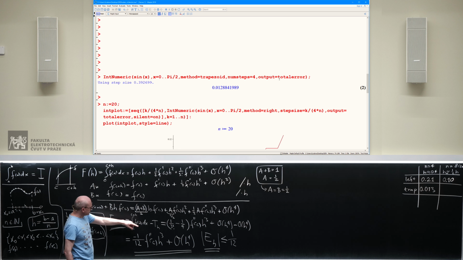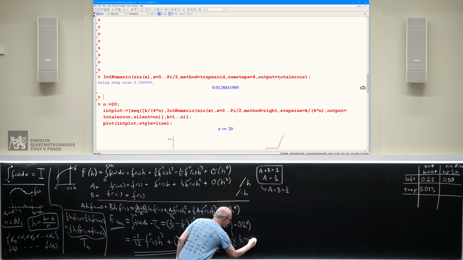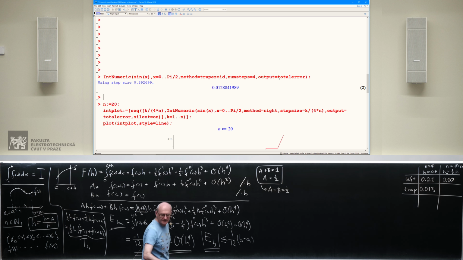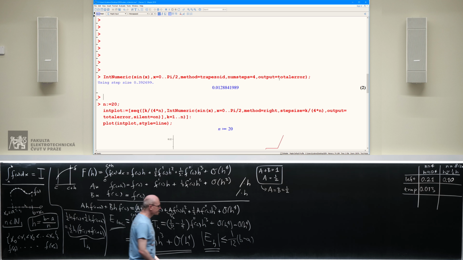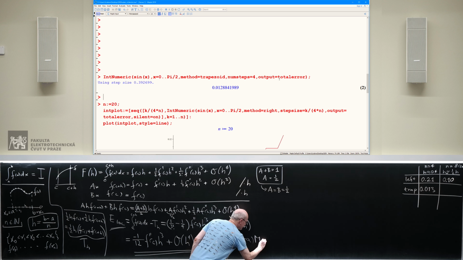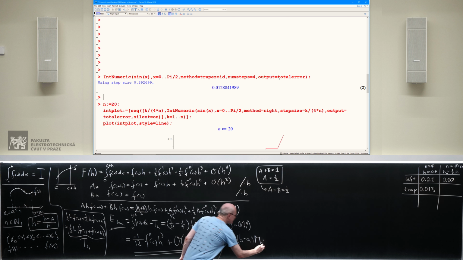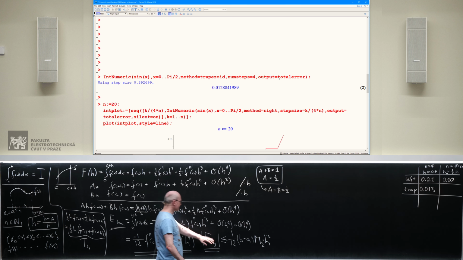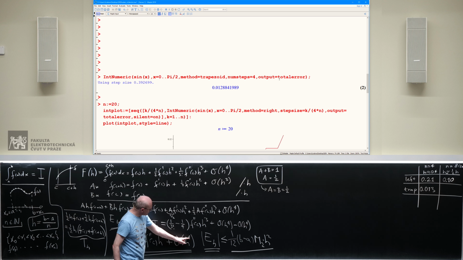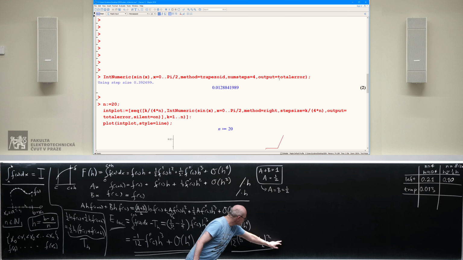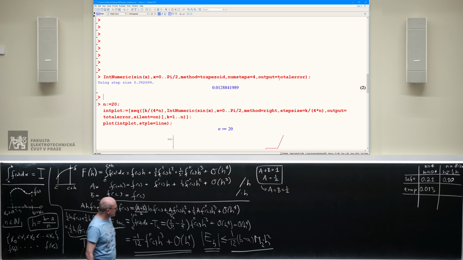Then there will be b minus a coming in the same way that it came before. Then there will be the maximal possible value of the second derivative. And then there will be h cubed, but divided by h, so h squared, and some tail. So let me put it just like that. The tail would be O(h^3), which will be less important than h squared. So this is really the dominant part of the error.